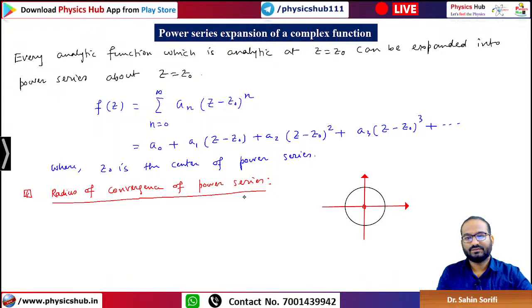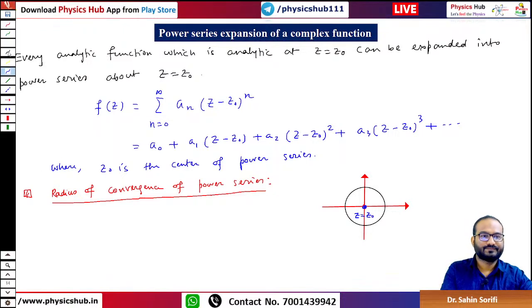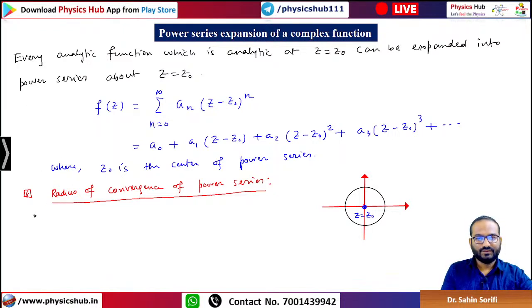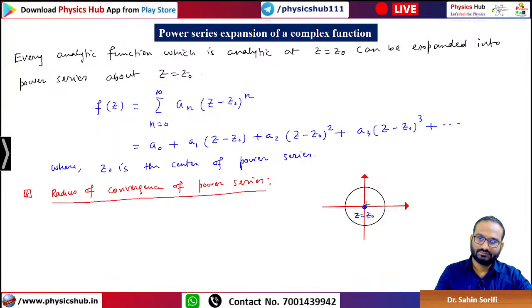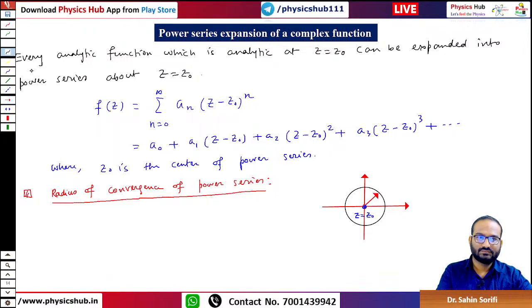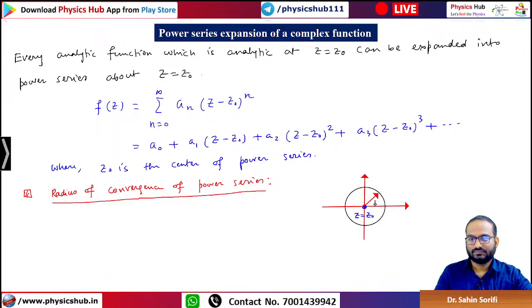This point we are calling z equals z0, right? And let's say the radius is capital R.